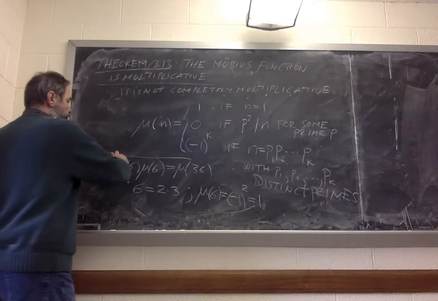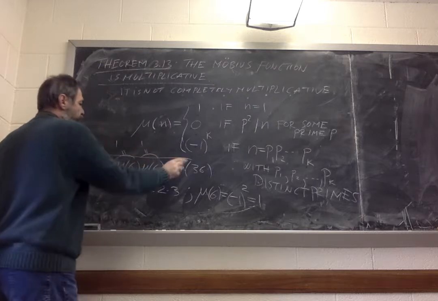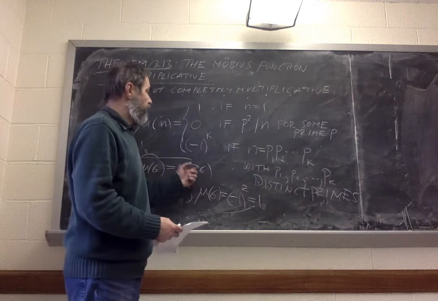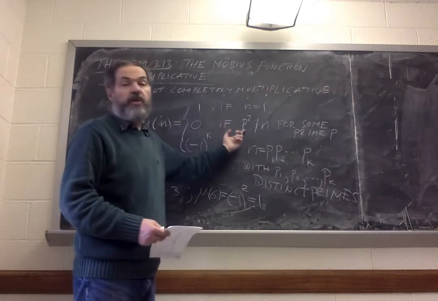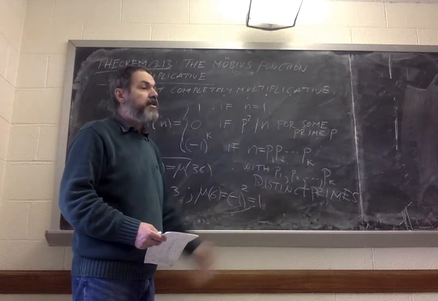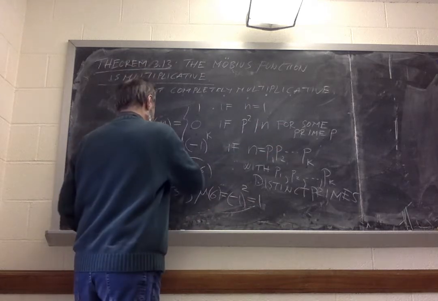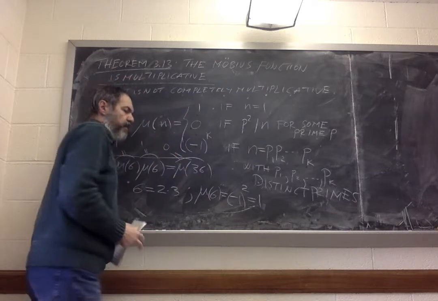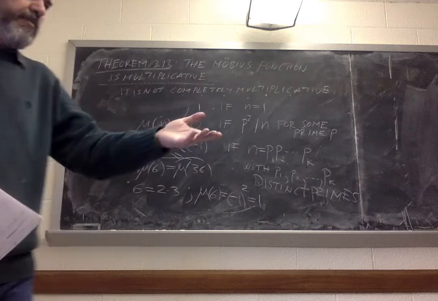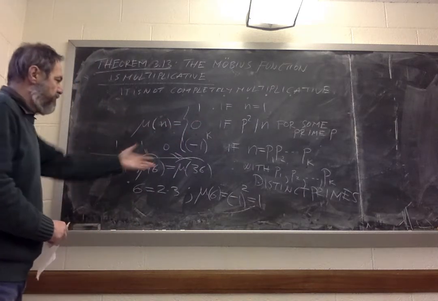So mu of 6 is 1, but mu of 36 is not 1, it is 0, because 36 is a multiple of 4, so 2 squared divides 36. It's already 0 for this reason. 36 also is a multiple of 9, so for that other reason, they're not equal.